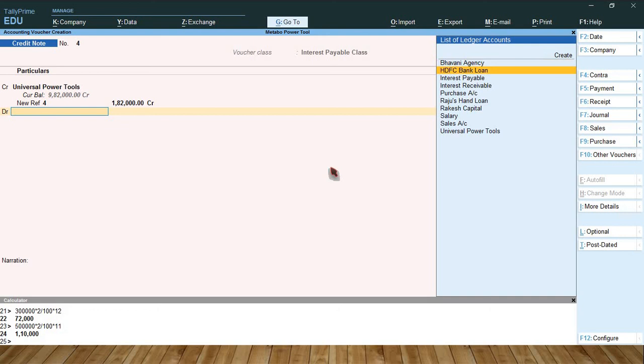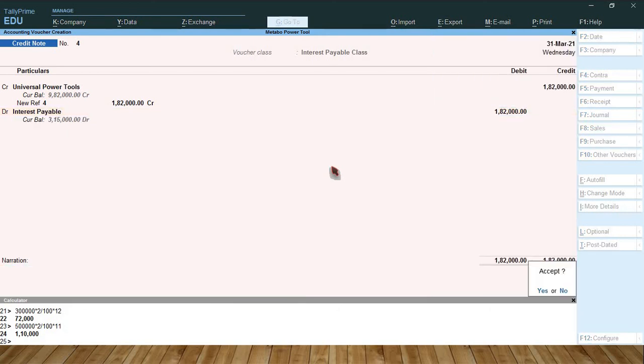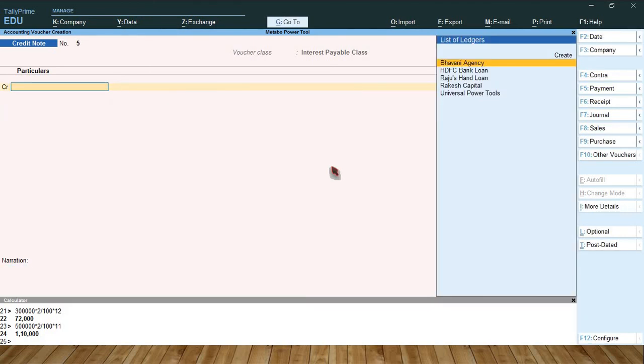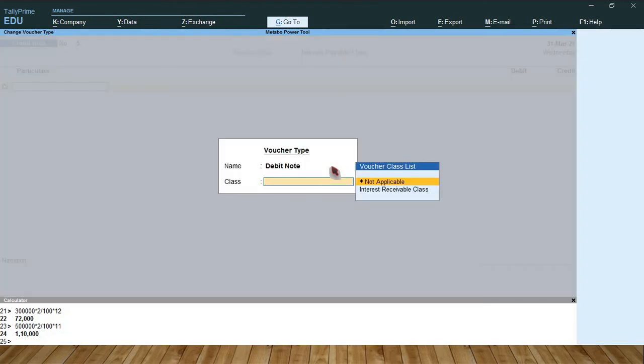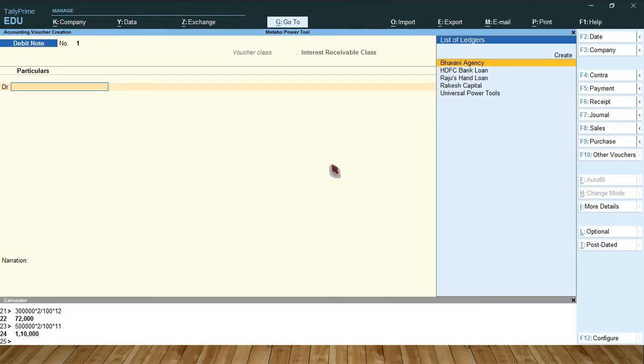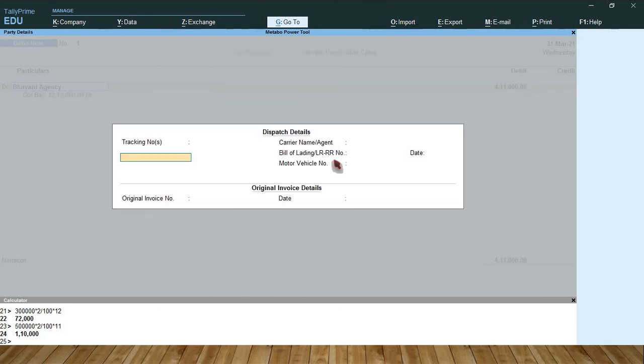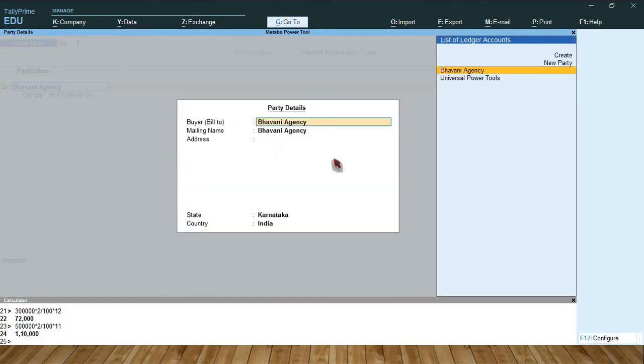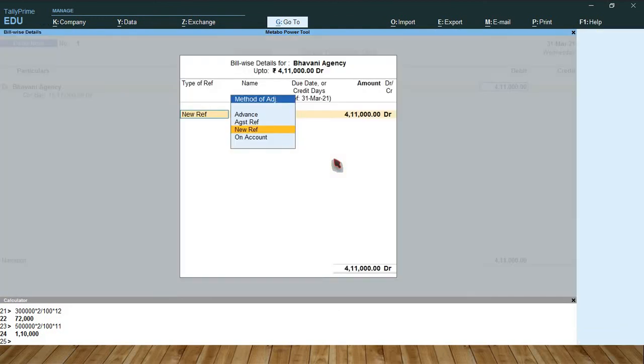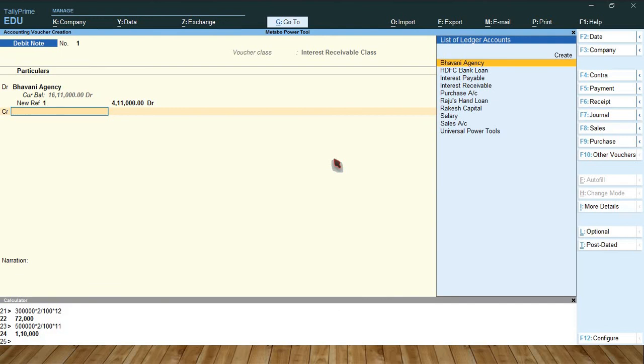Select interest payable. So next, Alt F5, interest receivable. Select Bhavani Agency. Select these two transactions, end of list. Select interest receivable.